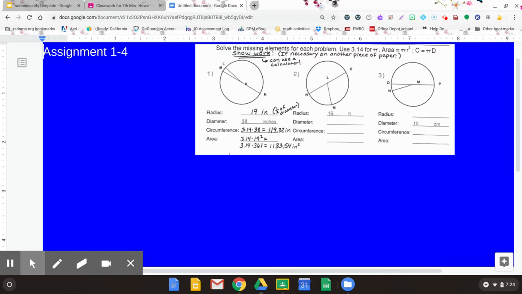halves. So in problem number 1, you were given that the diameter was 38 inches. So if the radius is halfway across the circle and the diameter is all the way across the circle, then you know that you would just take half of the diameter as the radius.